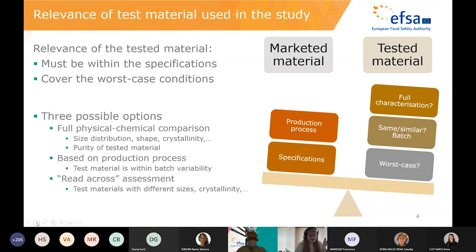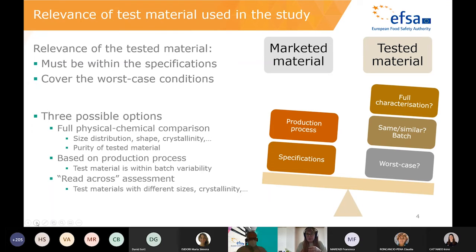And this concerns, for example, shape, crystallinity, size, purity. If relevant, maybe there are some surface modifications of the material. And of course, the size distribution is very important, and the purity of the test material. But all factors which are indicated in the technical guidelines and in the scientific guidelines have to be provided, have to be known for us.